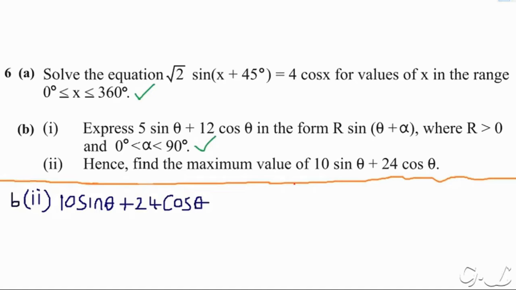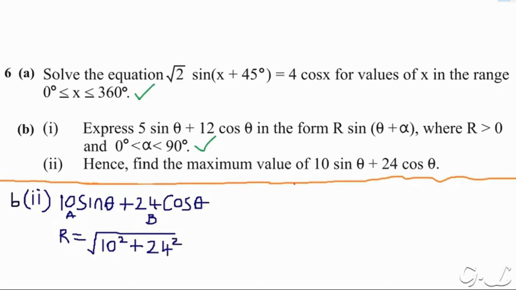So even that value of r in Roman numeral 1, we found the value of r as 13. So we can multiply that value of r by 2. When you multiply it by 2, it will give you 26. But let's try to calculate so that we see if it will give us 26.